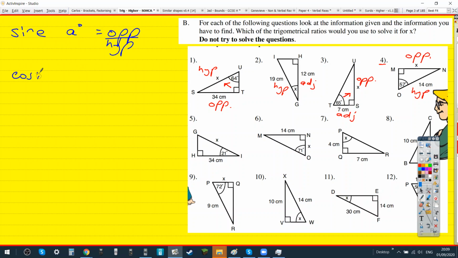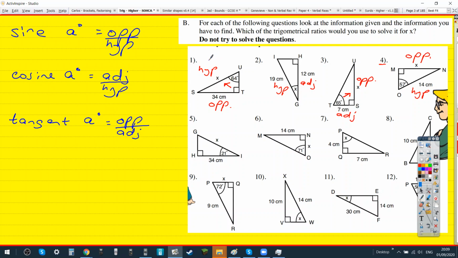The cosine of an angle is adjacent over hypotenuse, and the tangent of an angle is opposite over adjacent. So the sine of an angle you use when you have opposite and hypotenuse. Cosine of an angle you would use if you know or you want the adjacent and the hypotenuse. Tangent of an angle is to do with the opposite and adjacent.